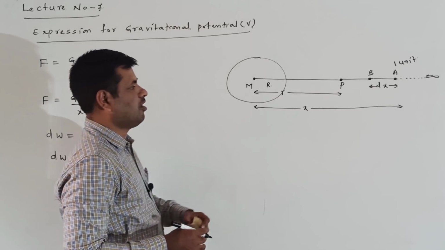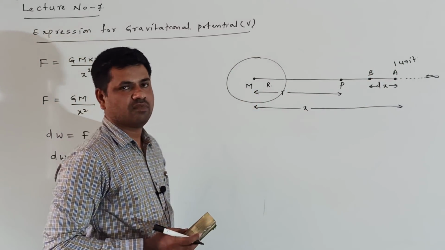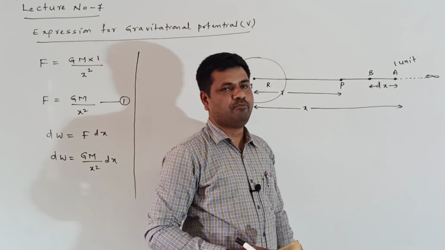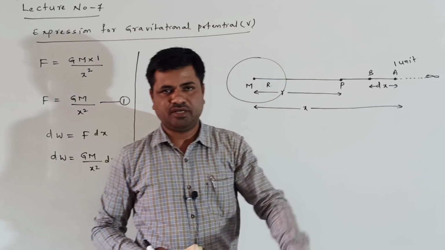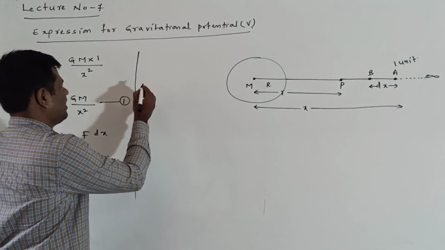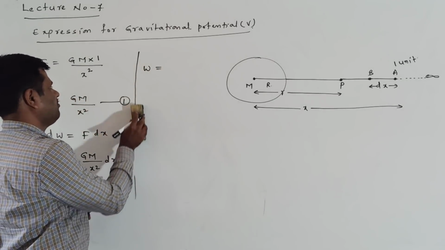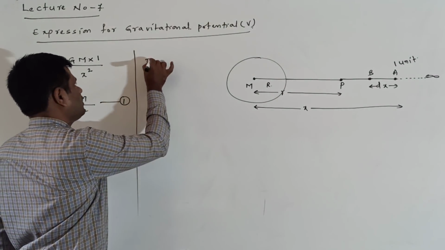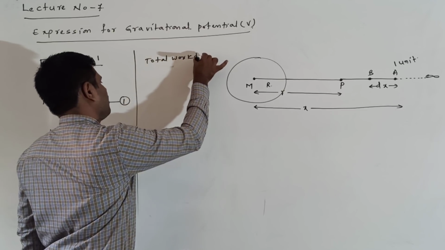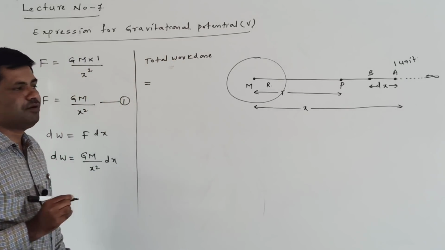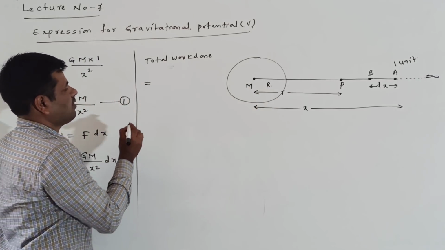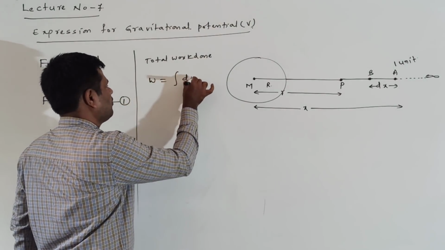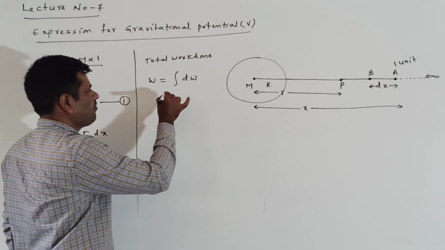Now this is the small work done when the body of unit mass is taken from A to B. In the definition of gravitational potential, the body is taken from infinity to a point, that is, from infinity to the point P. In this case the total work done W is equal to the integration of dW, when the body is brought from infinity to the P point.